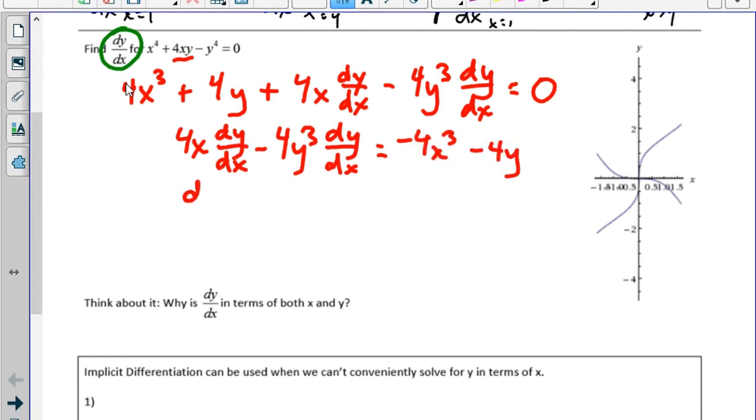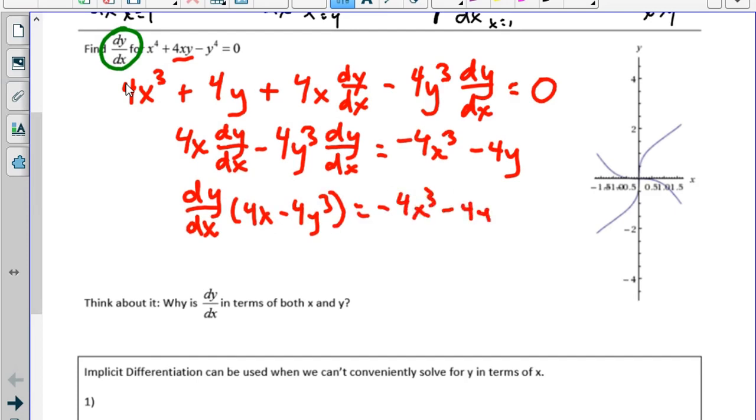Now I'm going to factor out a dy dx. And then I can divide everything by 4x minus 4y cubed.